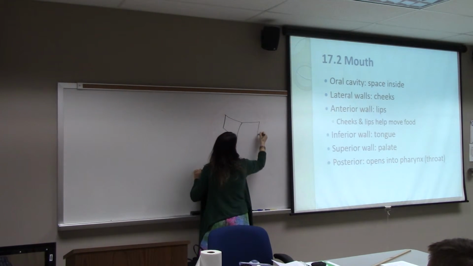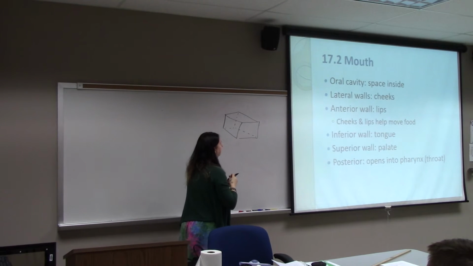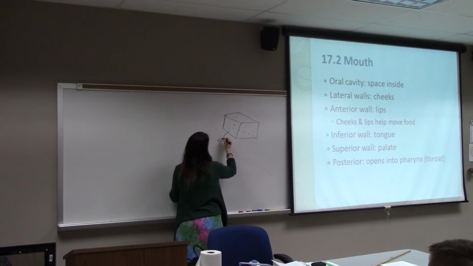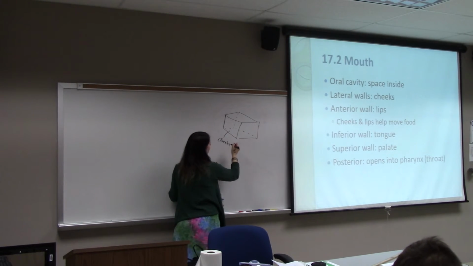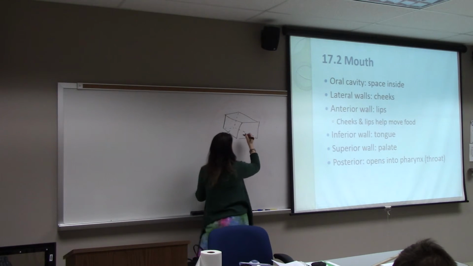You can think of it kind of as a box. Where the lateral walls or the sides are the cheeks. The anterior wall is the lips.